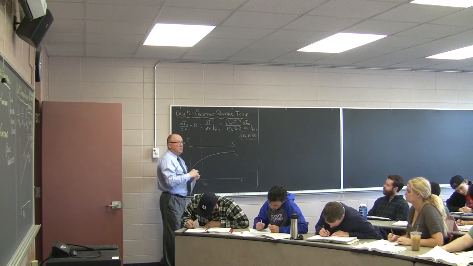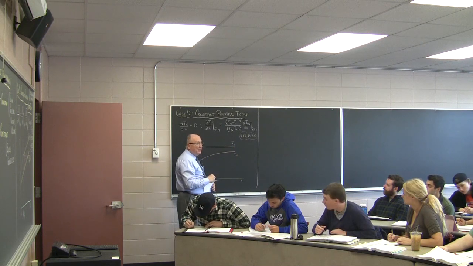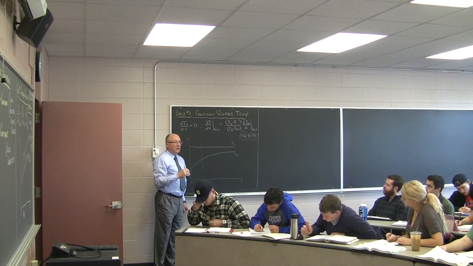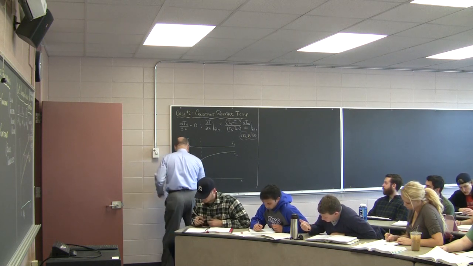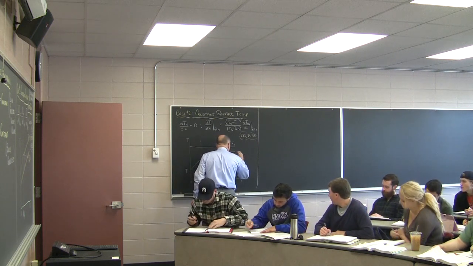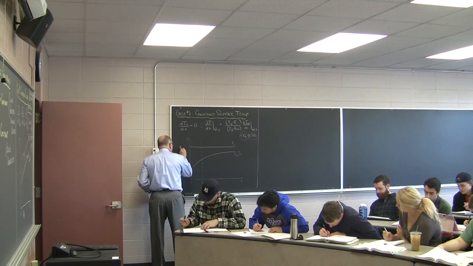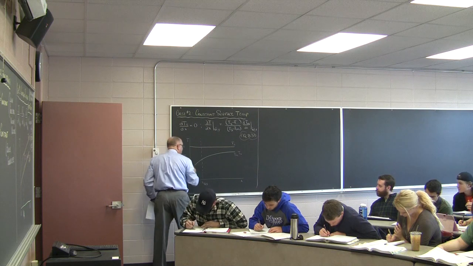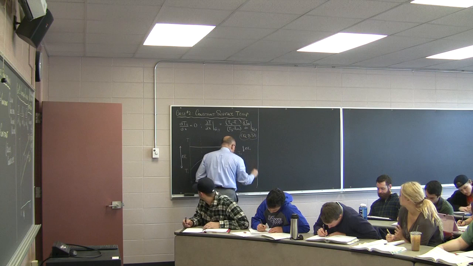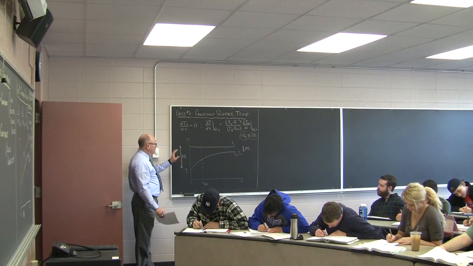If you make a long enough tube, this will approach this. Now, there's always going to be some difference in real life because you need some delta T in order to transfer heat. This is the T of the inlet of the fluid. This is the T of the outlet of the fluid. This distance here is known as delta T at the inlet, and this distance here is known as delta T at the outlet. And we will use that in the next lesson, so keep this in mind.